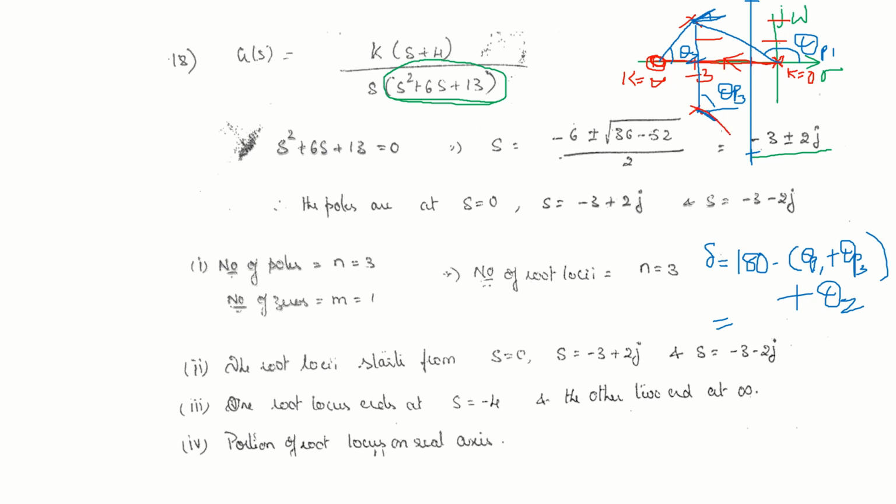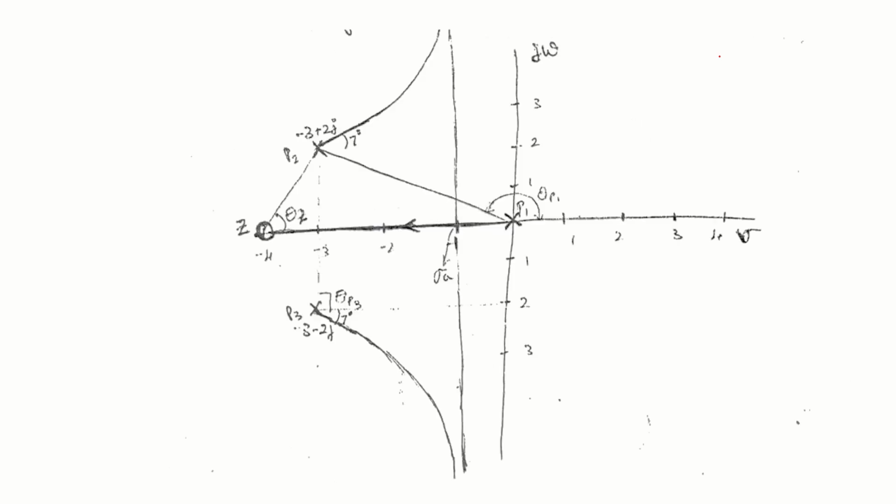Like this, along this line you draw. And this is your asymptote, along this line you draw. That is the speciality. Angle of departure is the speciality. All the calculations remain the same. Okay, that is the thing.